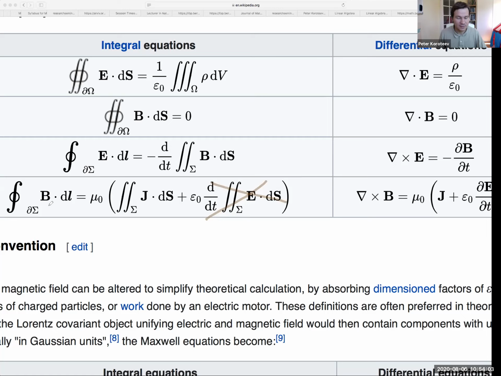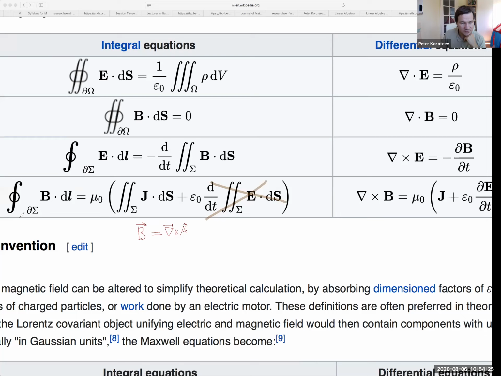So if you replace in our notes the vector field, B, I remind you, B was equal to the curl of this vector potential here, right?